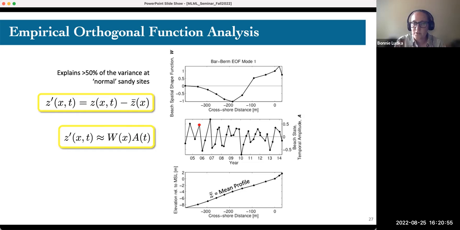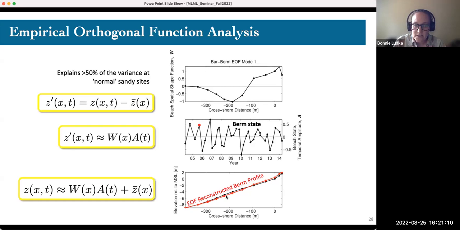So for example, at this time that I've highlighted with the red dot, that is a positive value that is representative of a beach in the berm state. If we multiply that red dot value by the spatial shape function and we add back in the mean, then we get this reconstructed berm profile.